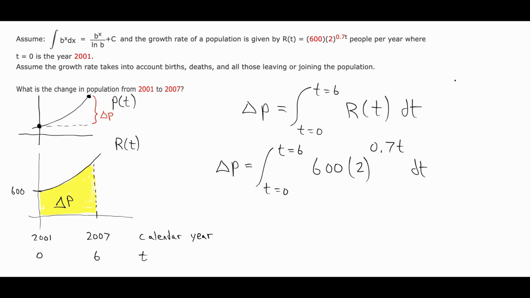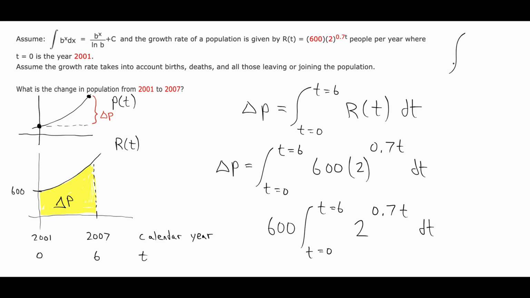Alright, now solving this is going to require u substitution. So one thing we know we can do is pull the constant 600 out front. So that simplifies it a little bit, but we still have this 0.7t, which is complicating the situation.